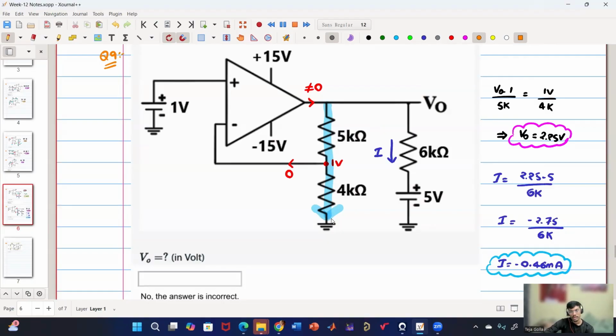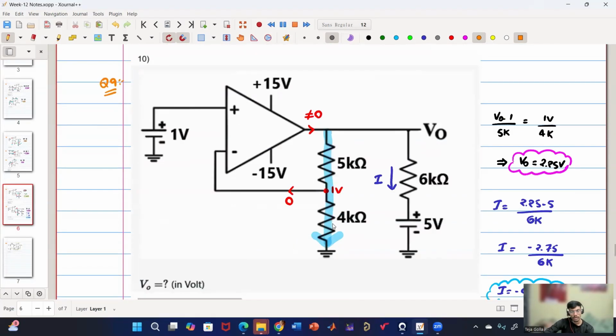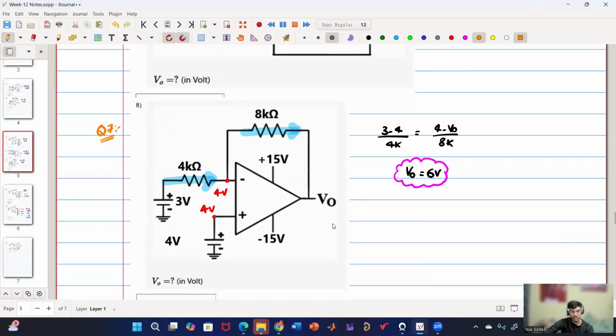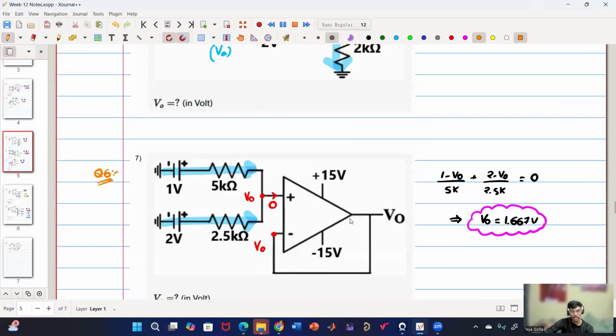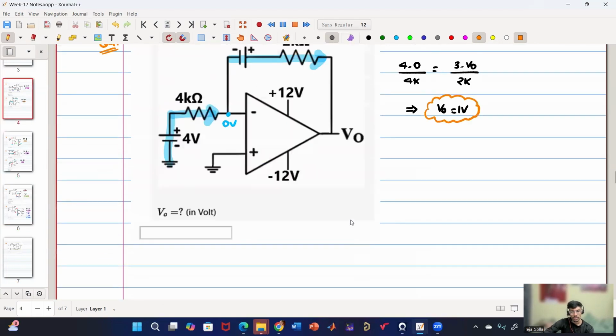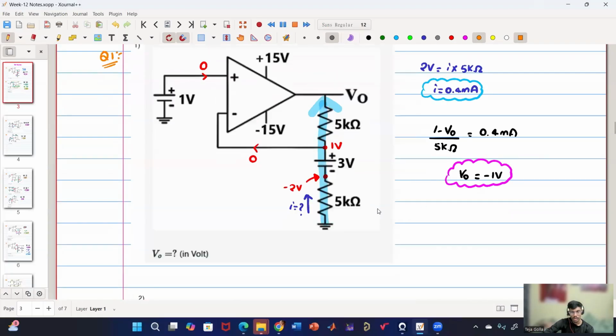In the previous problem, you said current goes in the opposite direction, minus. At a node, one direction, another direction.